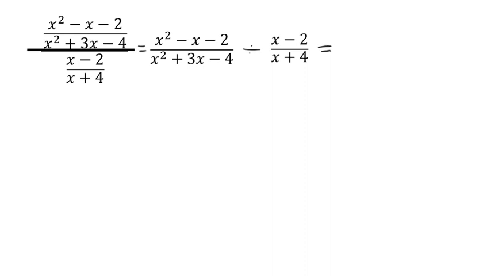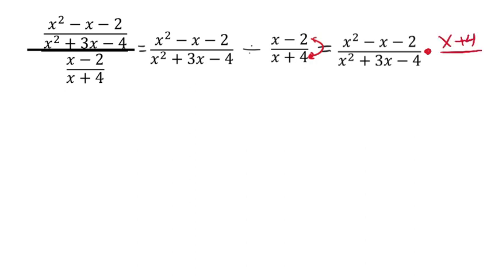So I'm going to keep that just the way it is for now, and I'm going to change this operation into a multiplication problem. So now the division will become multiplication, but that allows me to flip the second fraction there. So that's now x plus 4 over x minus 2.